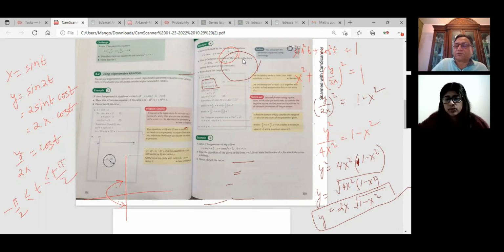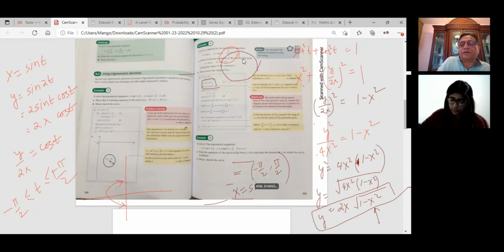So what is x equal to? X is sine t. So y is 2x times the square root. You know that the domain was between minus pi by 2 to plus pi by 2, correct? X is equal to sine t. When you plug in minus pi by 2, you get minus 1, and if you plug in plus pi by 2, you get plus 1.